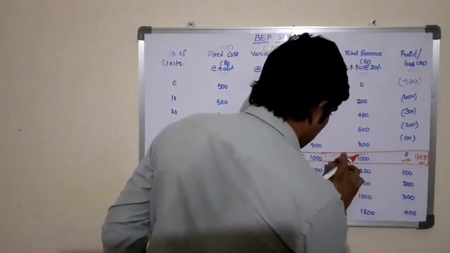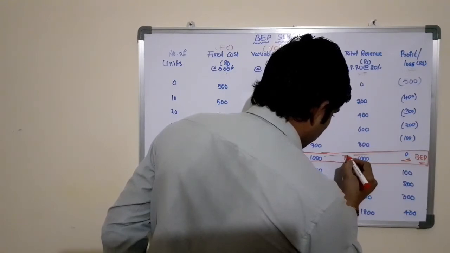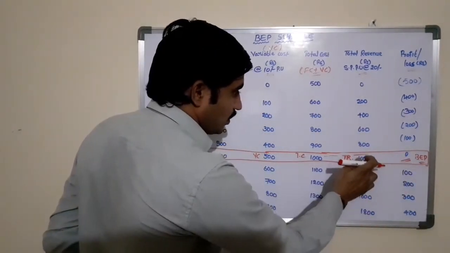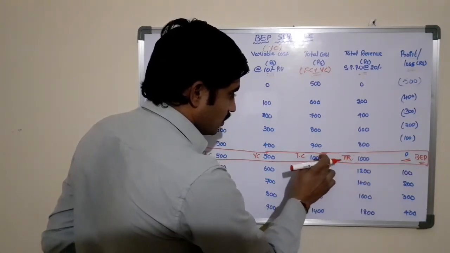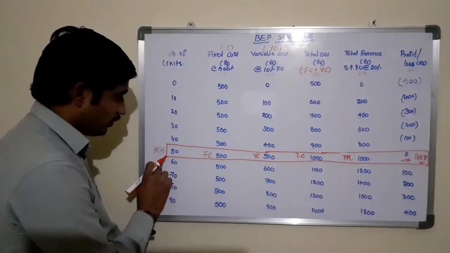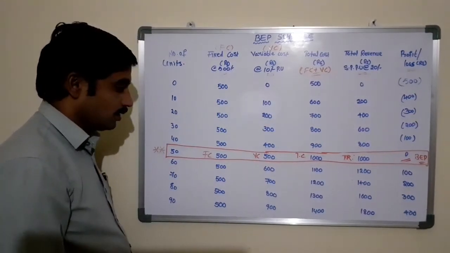This is called a break-even point. At the break-even point, total revenue is 1000 and the total cost is 1000, fixed cost 500 and variable cost 500. We are producing 50 units.